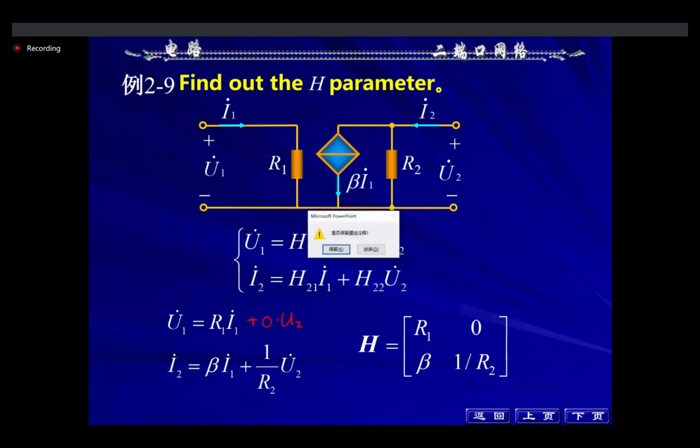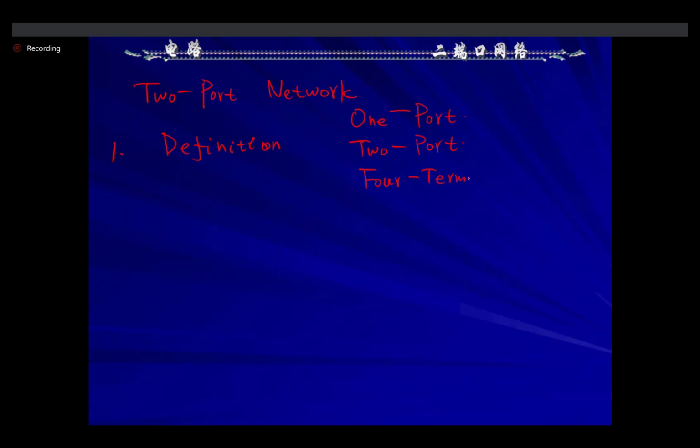Okay, we have introduced the two-port network. At first, we introduced the definitions. We defined the one-port network, two-port network, and the common four-terminal network, and the relation between the two-port and the four-terminal network.